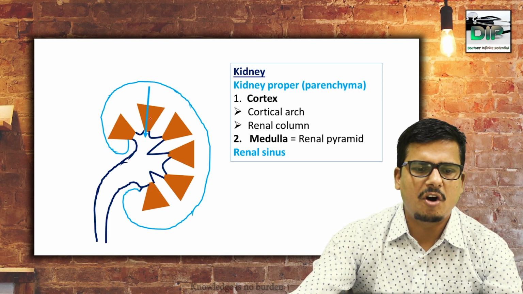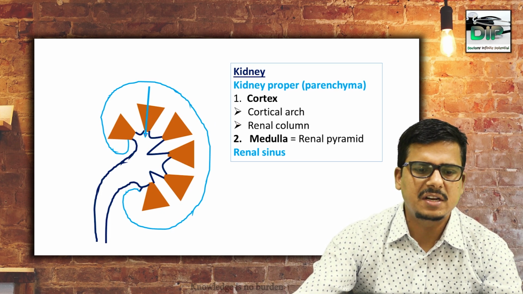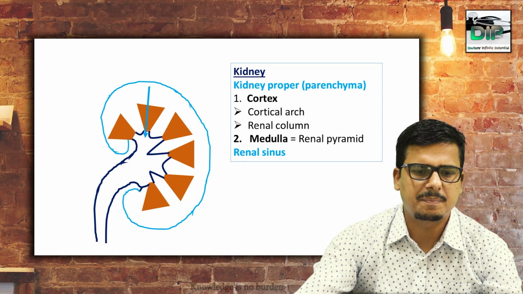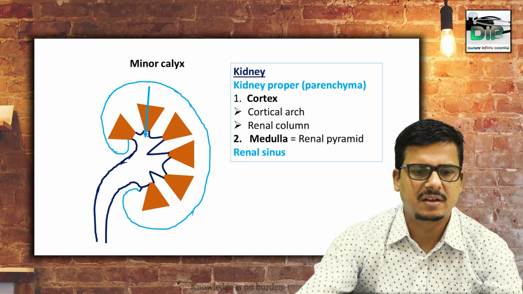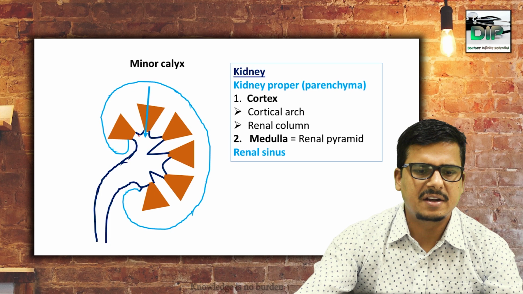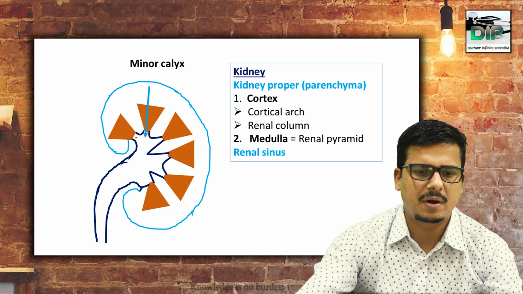When urine is formed in the renal tubules, it is first collected at the tip of the renal pyramid, which is also called the papilla. At the tip of the papilla, the urine is first poured into the minor calyx. Minor calyces are located in the renal sinus region, and there are many of them. Here is one minor calyx, this is another one, and here is another.